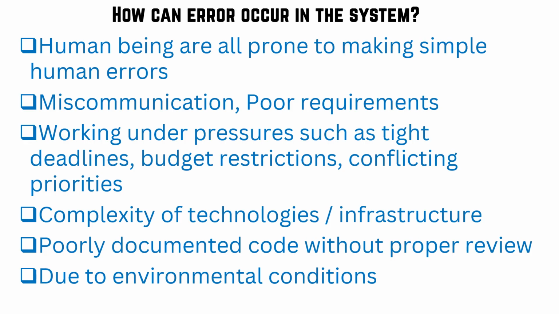Some code is not properly reviewed by anyone because of a tight schedule or inadequately skilled people, at lead level, peer level, or management level. Sometimes there might also be challenges in the environment. Those are the reasons errors might come into the system.